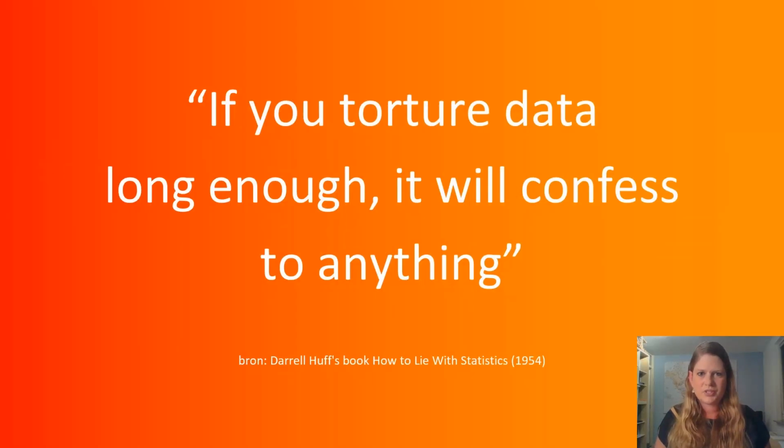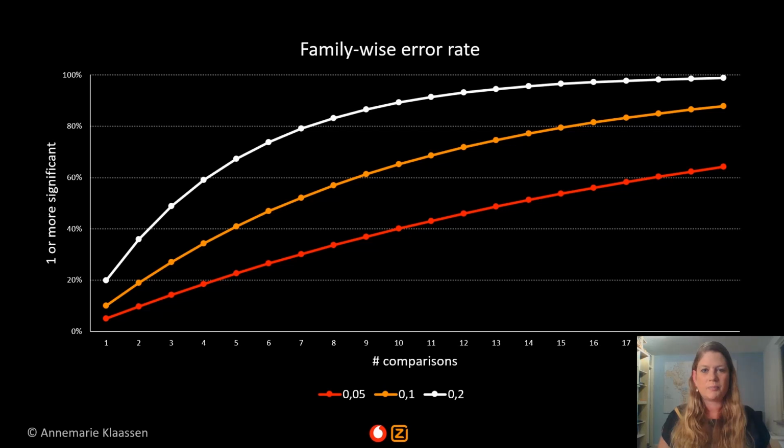Because if you torture data long enough, it will confess to anything. And I will show you. The problem is that as the number of comparisons increases, the chance of a false positive increases immensely as well. And this is known as the family-wise error rate or multiple comparison problem.